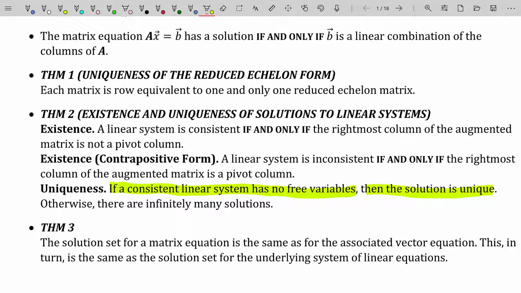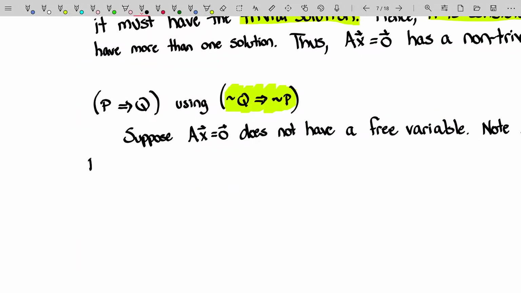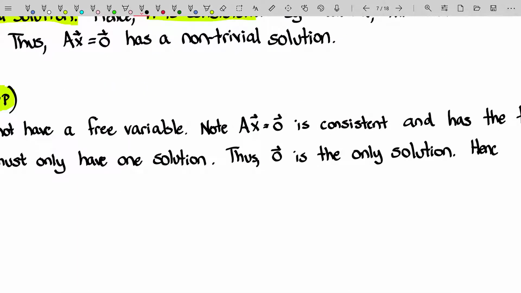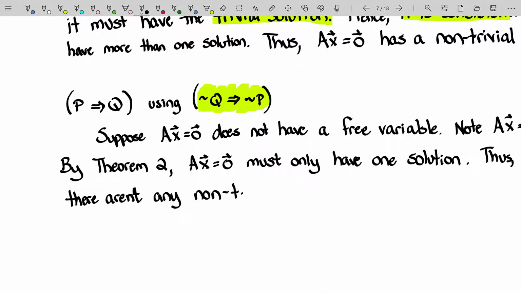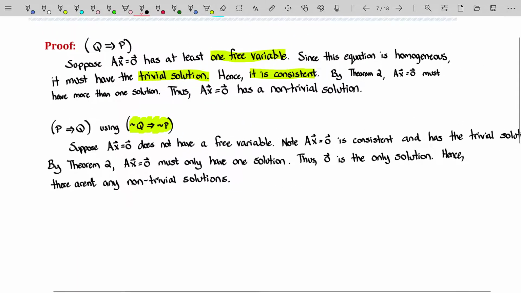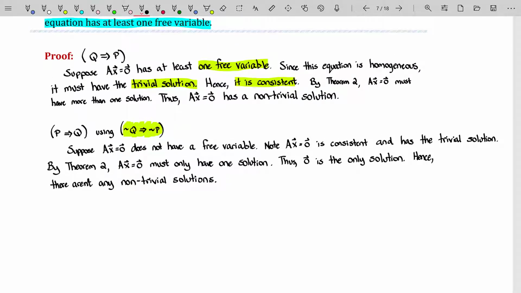So the homogeneous system, Ax equals 0, has the trivial solution, and because it doesn't have any free variables, that is the only solution. Therefore, there are no non-trivial solutions. I'll summarize that right here. By Theorem 2, Ax equals 0 must only have one solution because Ax equals 0 does not have a free variable and it's consistent.